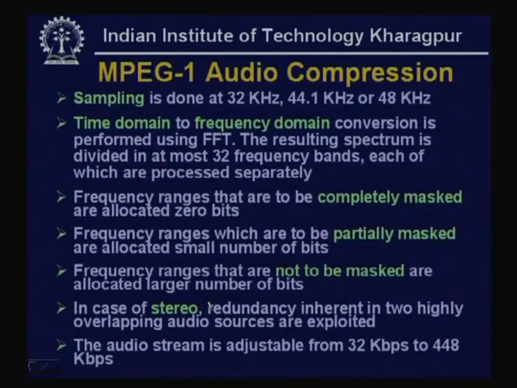Now, let us see how MPEG-1 performs the audio compression based on the techniques that I have discussed. First of all, sampling is done at 32 kilohertz, 44.1 kilohertz or 48 kilohertz. Of course, 44.1 kilohertz is very common for CD quality audio.